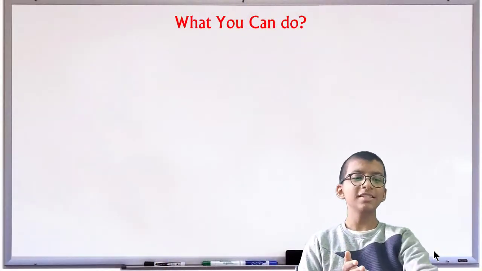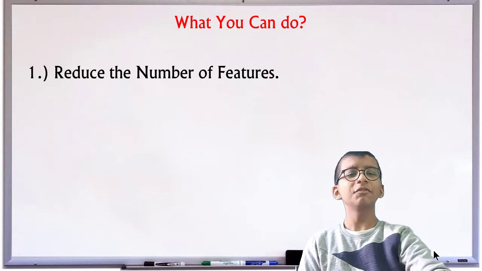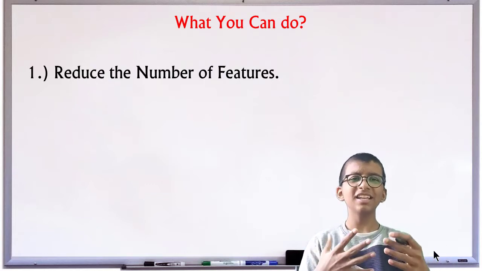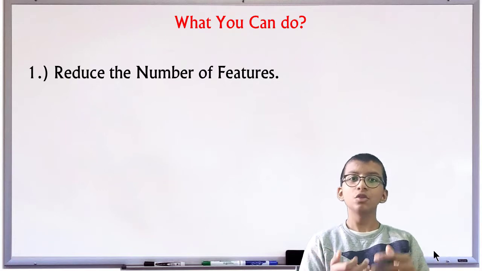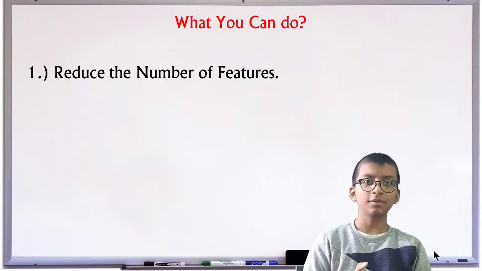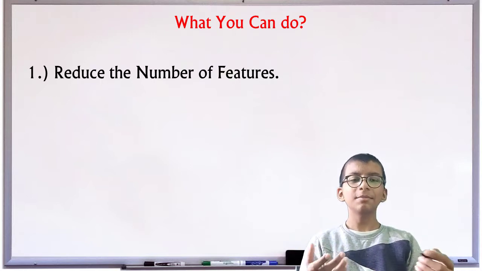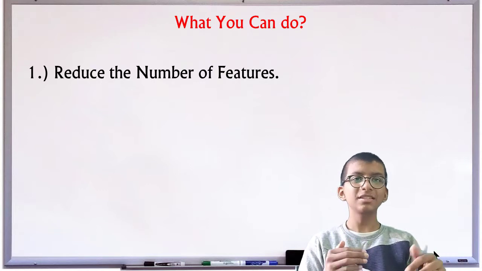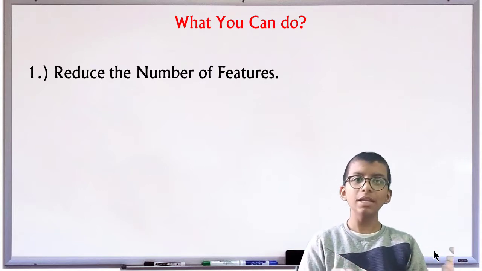The first one is to reduce the number of features. I think it's not a perfect or good approach if you have so many features and they are important. If a feature is very unnecessary for your model, then you can remove it manually.